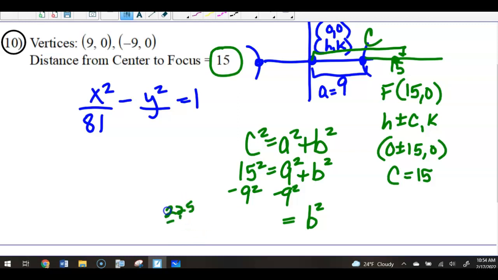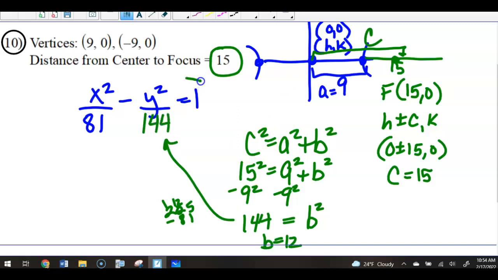I don't have a calculator, so I'm going to just do this quick. What did I get? Oh, 144. Yeah, that's a perfect square. For a minute there, I was confused. So if we square rooted that, we'd get b is 12. So our rectangle would go up and down 12. But really, all we needed to know was the b squared that goes here is 144.